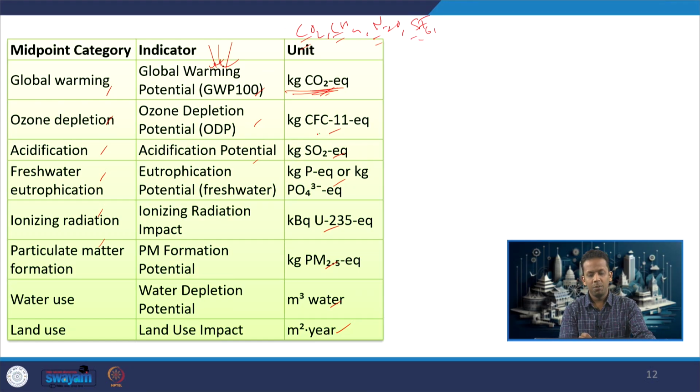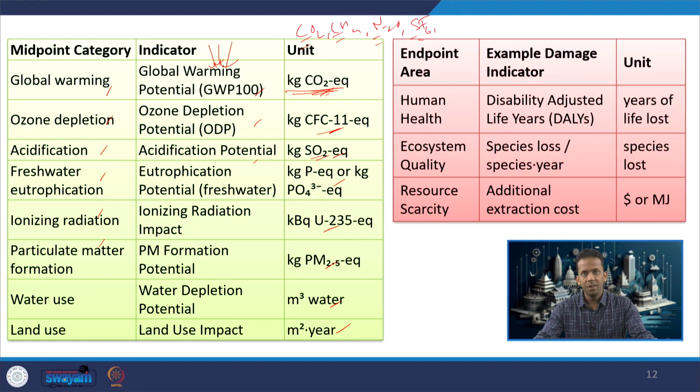Similarly, ozone depletion has its own unit. So, each of these midpoint categories has different units. Similarly, for the endpoint areas, health, ecosystem and resource, the indicator can be disability adjusted life years. The unit will be the years of life lost, like how much life is declined.